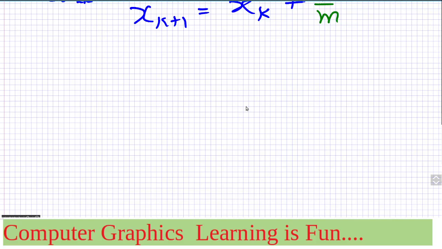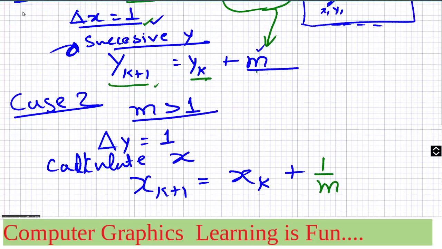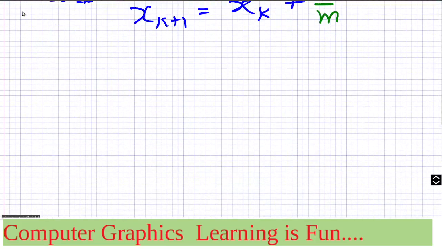If you are having this as negative, so slope was positive, now the slope is negative.